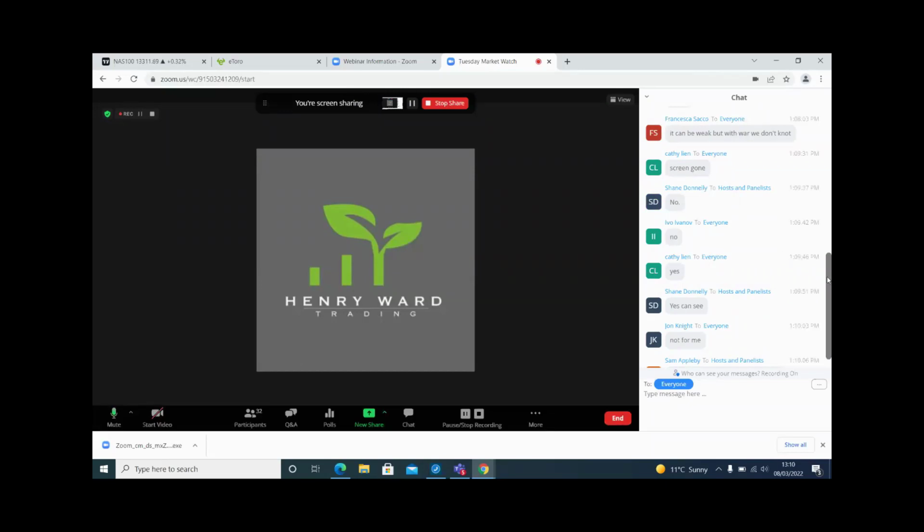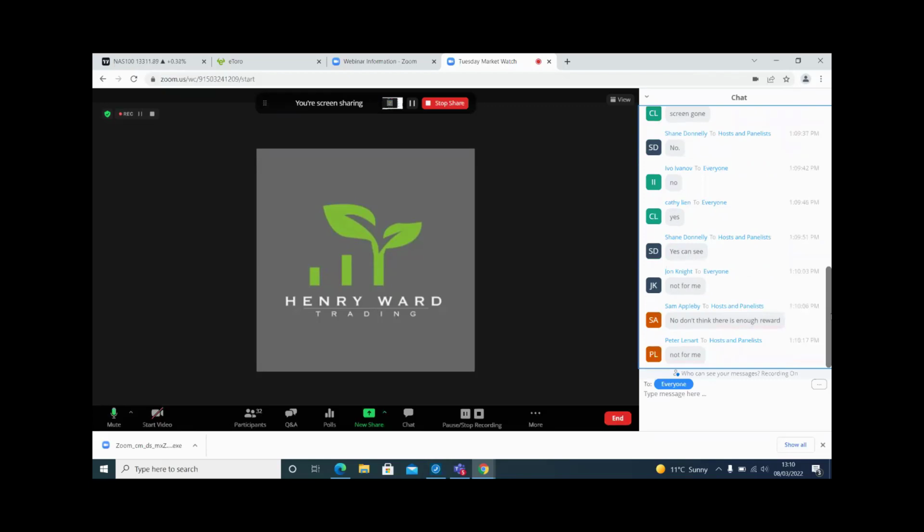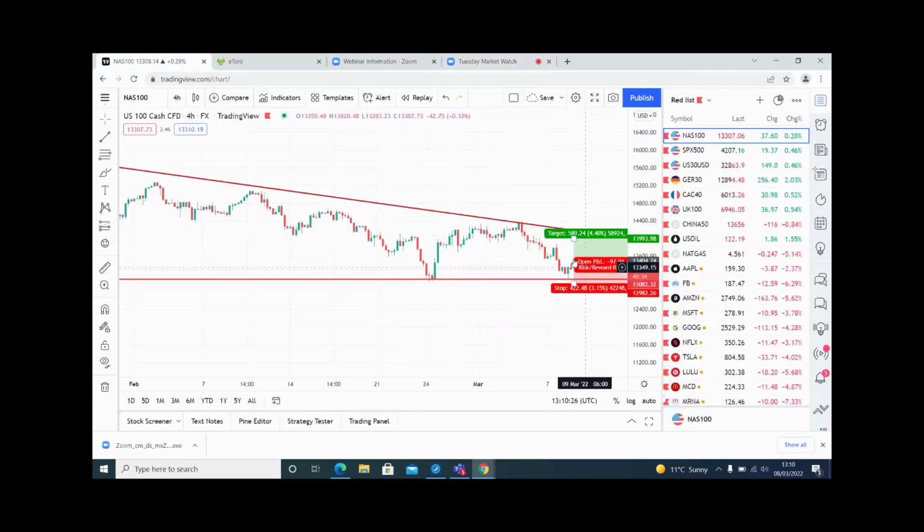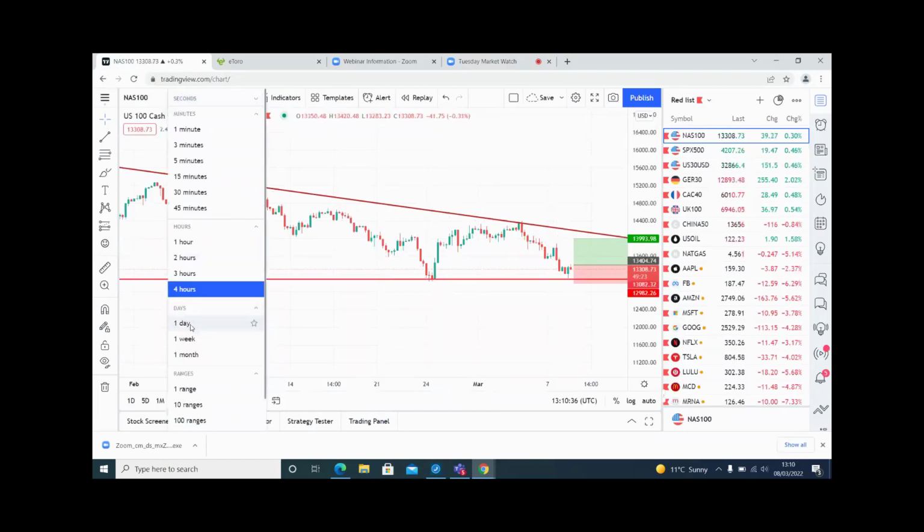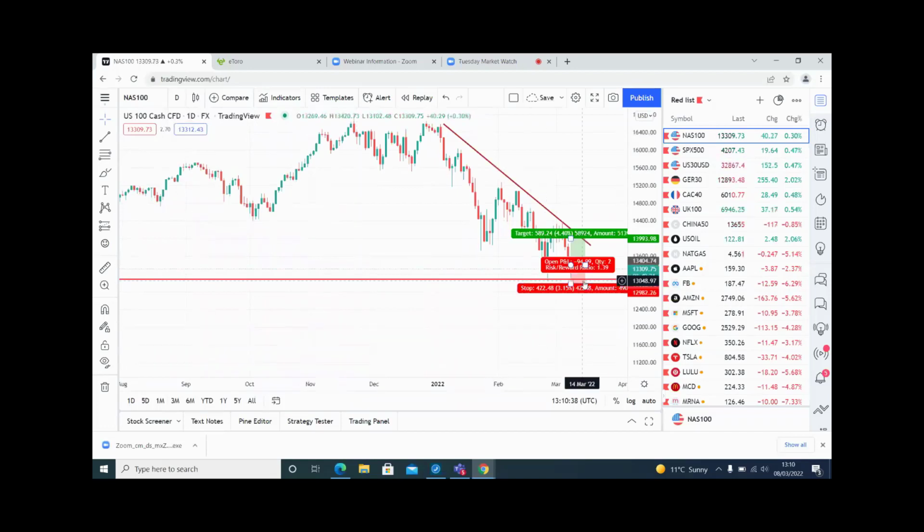So for most people, it's not a trade for them. Sam, I would agree with you. There's not enough reward for it for me. I would 100% agree with that. There's not enough reward for me on that particular trade. So again, I wouldn't be looking to take that trade.